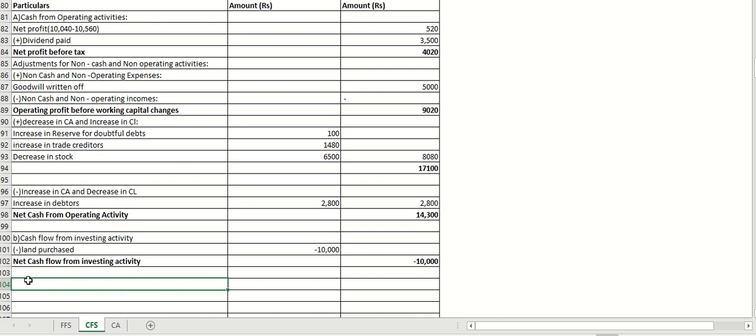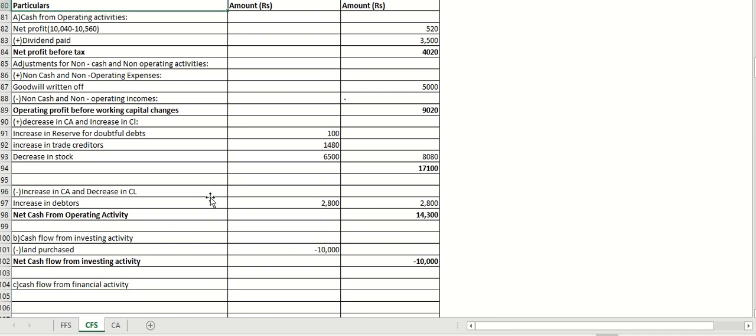So now let's move on to the third part, which is cash flow from financing activities. So this cash flow from financial activity basically includes the composition or the increase or decrease in the share capital of the company.